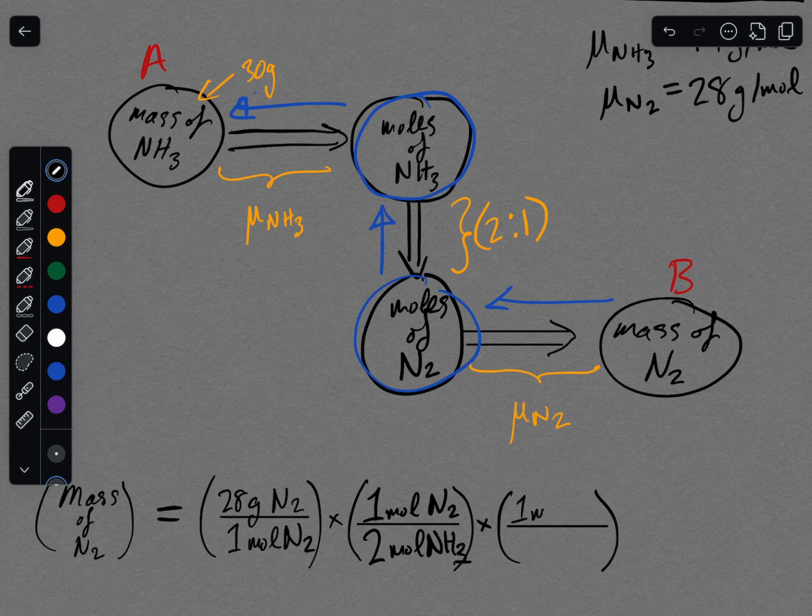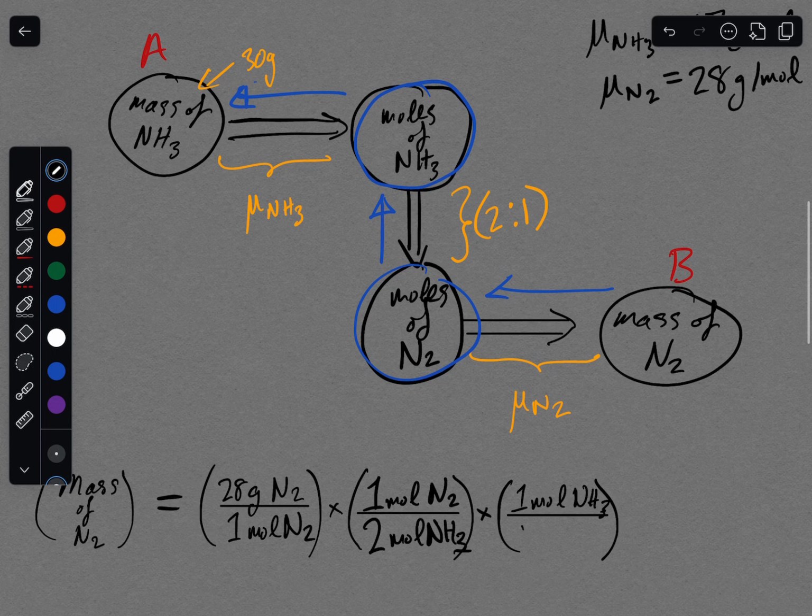So 1 mole NH3 per 17 grams NH3. I know it seems like overkill, probably, writing out all of these units, but we'll see that they are lined up just perfectly in just a moment. And then finally, our 30 grams NH3.